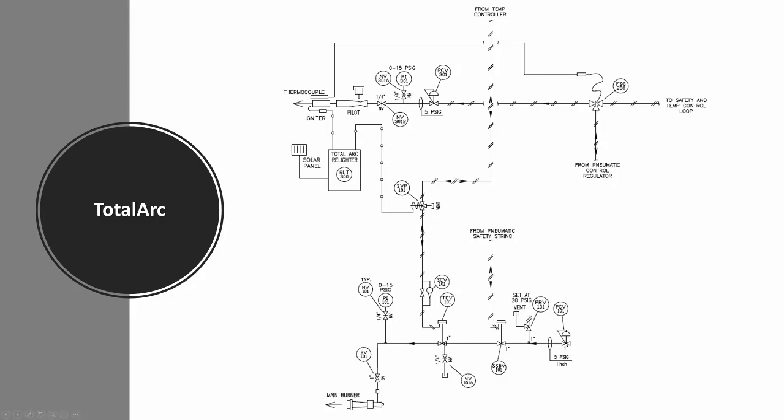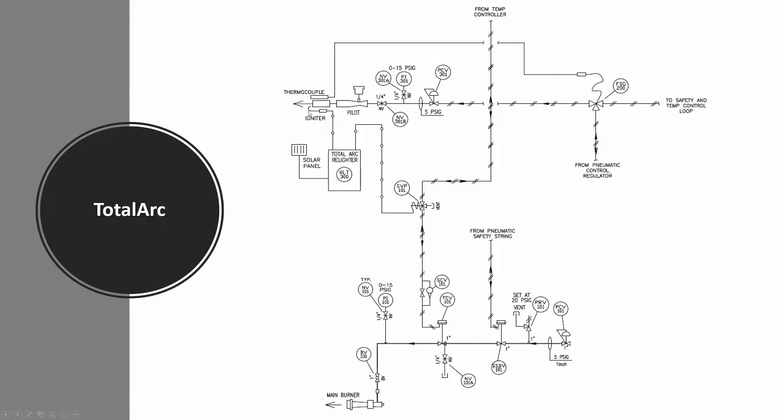The operation of this flame safeguard is just as it could be on one of these old water heaters that we have in our house, right? We have a plunger that you have to press and hold. And as you press and hold the plunger of the pneumatic flame safeguard, you will press the push button on the TotalArc, which will start the ignition process of the pilot.